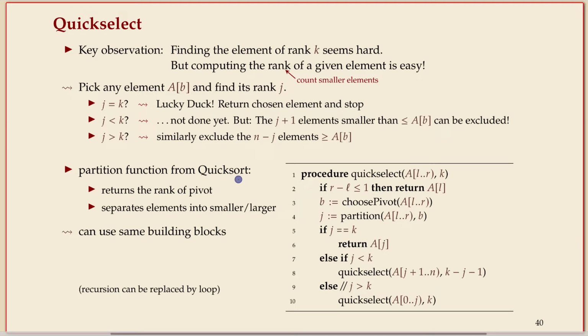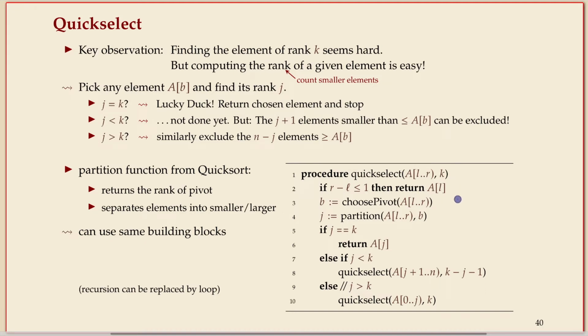Now, the partition function has the nice side effect that it doesn't just find the rank, it also changes the array so that everything smaller is on the left, everything bigger is on the right. And that's convenient because to do this elimination step, we don't just want to know that we can eliminate some elements, we want to know which ones, right?